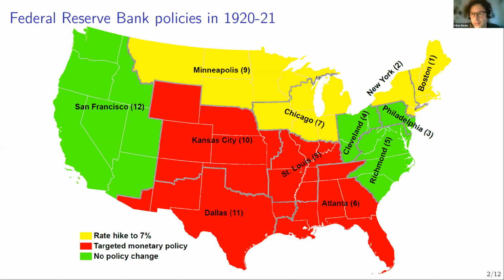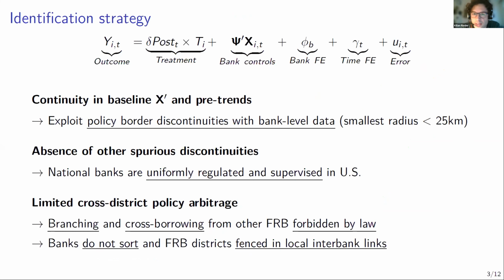So obviously, these policies were endogenous to what was ongoing at the district level. And so the question is, how can we exploit these policy changes in a setting to get at the causal effects? Well, what I do is I basically exploit policy border discontinuities with bank level data in a local way, so in very small bandwidths around the policy borders.